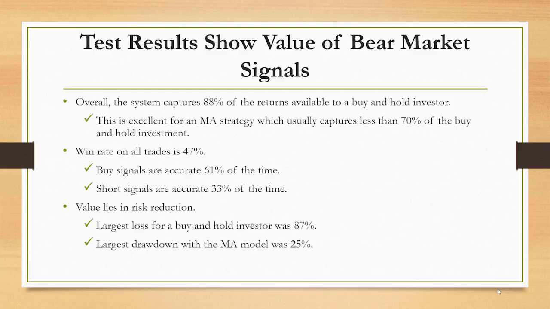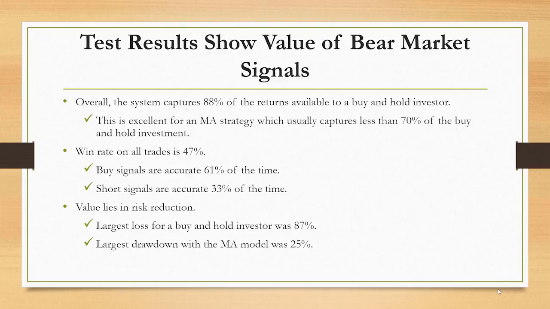And when I tested it, it tests very well, actually. Overall, the system, going back to the beginning of the S&P 500 in 1928, captures 88% of the total points that a buy and hold investor would earn. Now, usually a moving average system will capture less than 70% of the buy and hold investment.